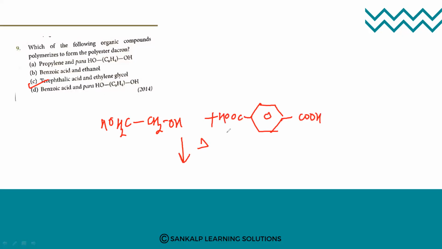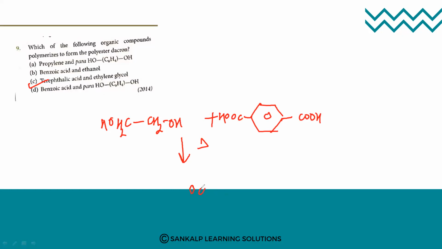So ethylene glycol is CH2OH, CH2OH. So this is ethylene glycol, and the terephthalic acid has COOH, and this is COOH. Okay. So when you heat this, it produces Dacron.